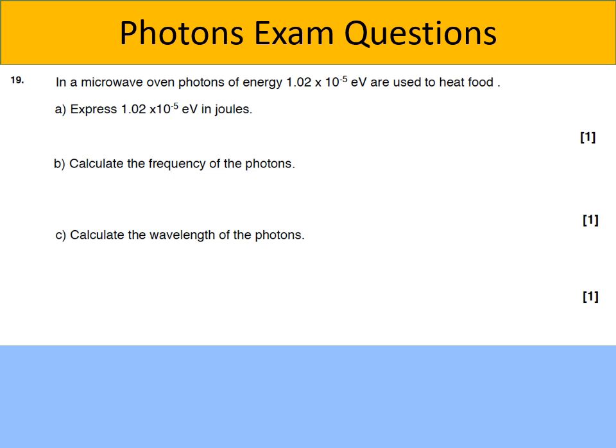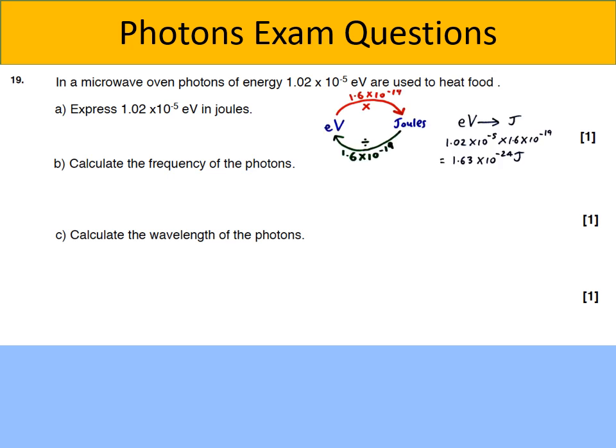Question 19. In a microwave oven, photons of energy 1.02 times 10 to the power minus 5 electron volts are used to heat food. A, express 1.02 times 10 to the power minus 5 electron volts in joules. As we know, going from electron volts to joules, we multiply by 1.6 times 10 to the power minus 19.